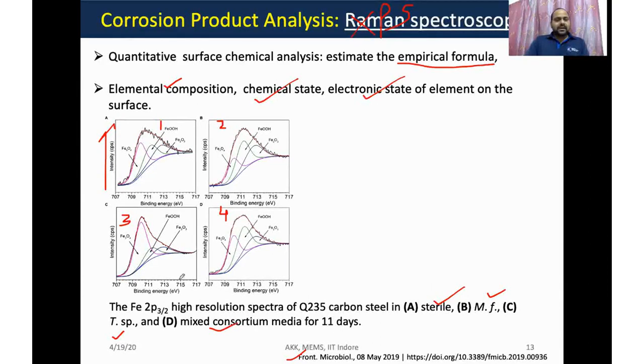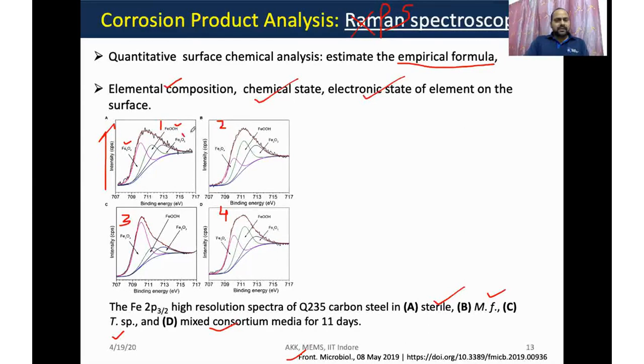If you see the data, see the first case, look at the peak position and the shape of the peak. How can you get that idea? Basically they have deconvoluted the peak. They have fitted 3 different peaks: one peak corresponds to Fe3O4, another to FeOOH, and the third to Fe2O3.